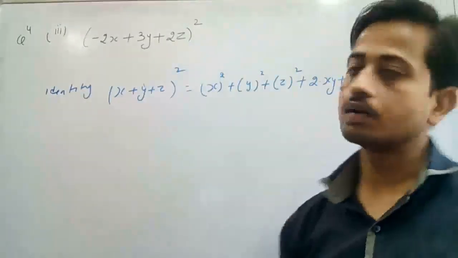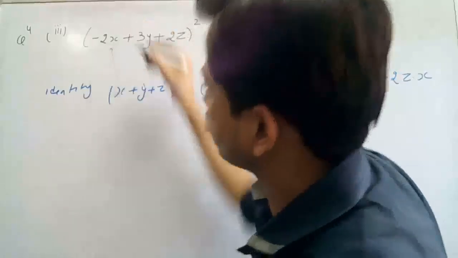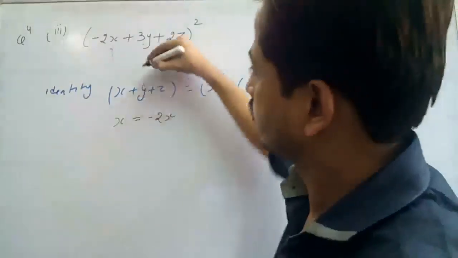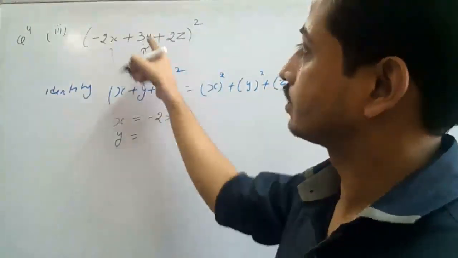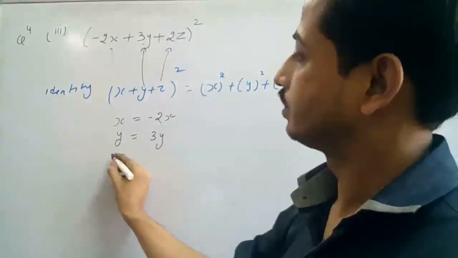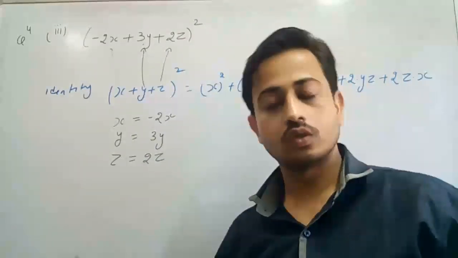Now do the third part, same as comparison. First term: x is equal to minus 2x. Y is 3y. Comparison with z: z is 2z. So it's very simple.